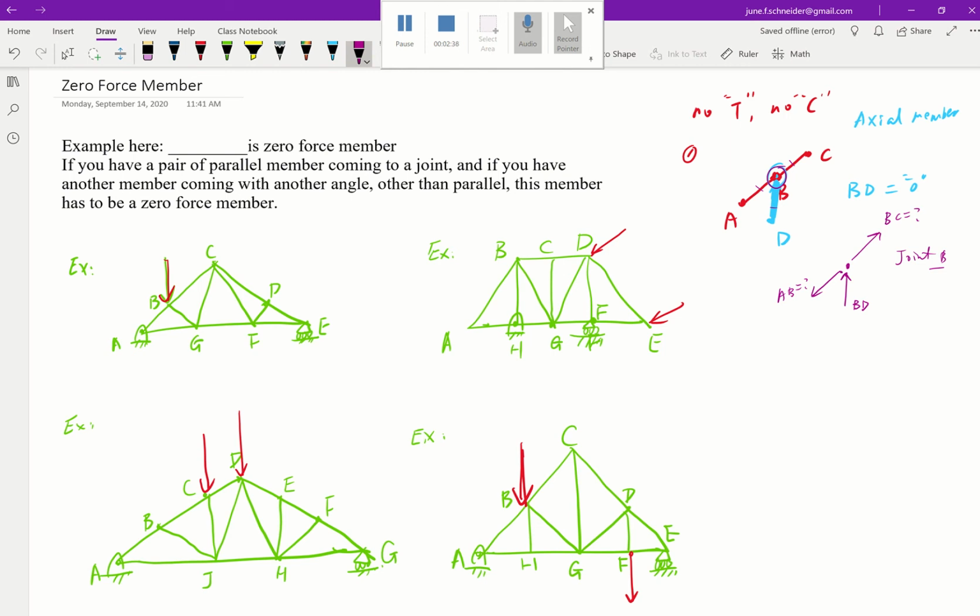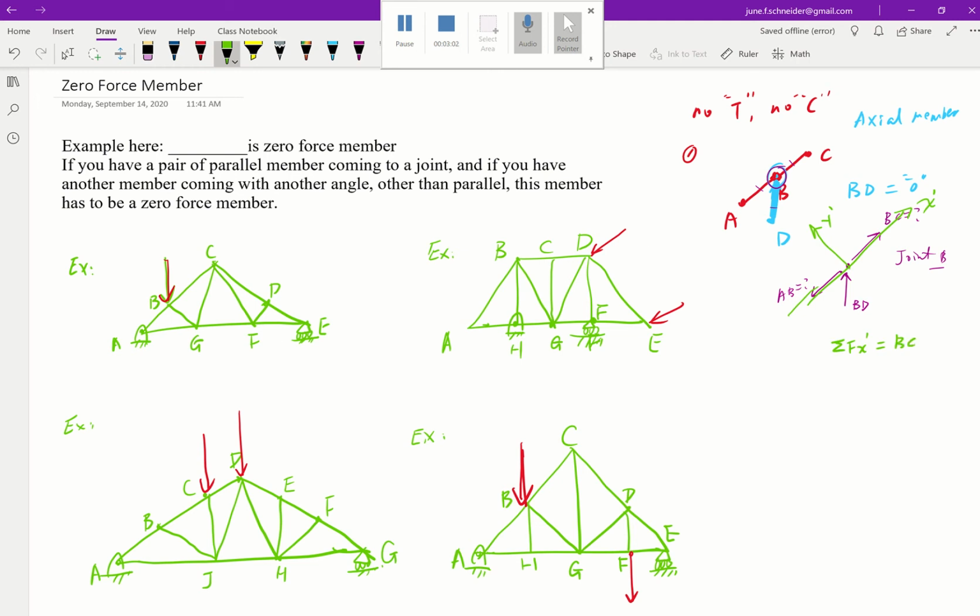Traditionally we sum forces in X and Y, but we have to be flexible. Can we make this our X direction, and this is going to be our Y direction? I call them X prime and Y prime. So if I do the summation of Fx prime, what do we have?